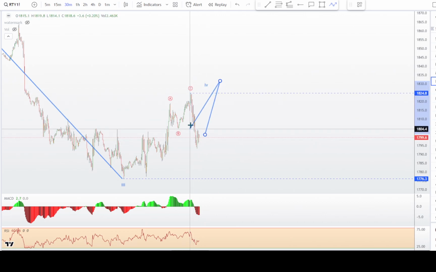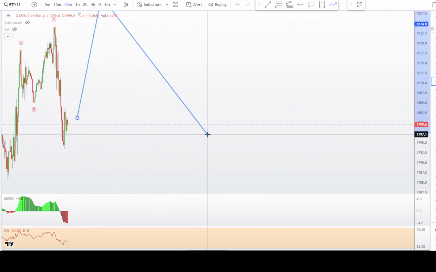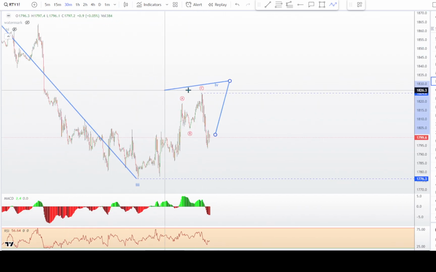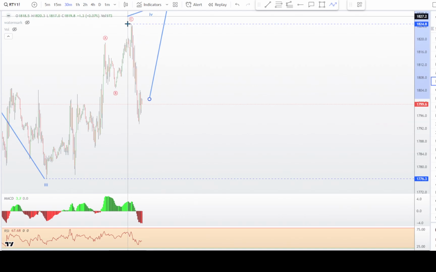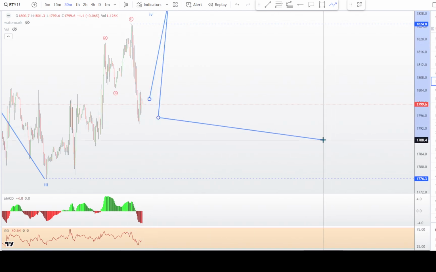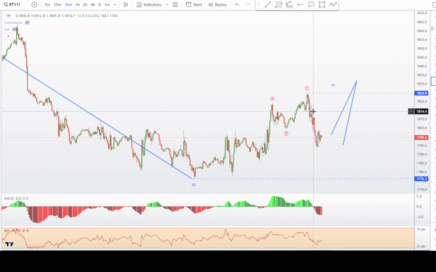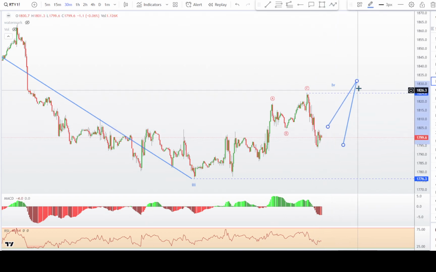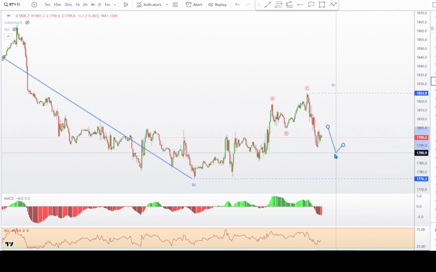And this move down on the Russell here is pretty sharp. So I don't think all this is the correction. So I don't think that's A and they came down here in B. I think they'll kind of chop around, go up, but then come back down and then go back up.